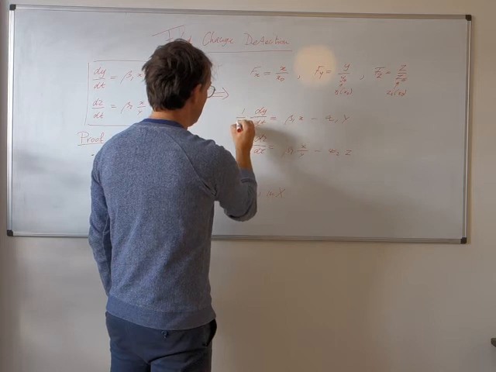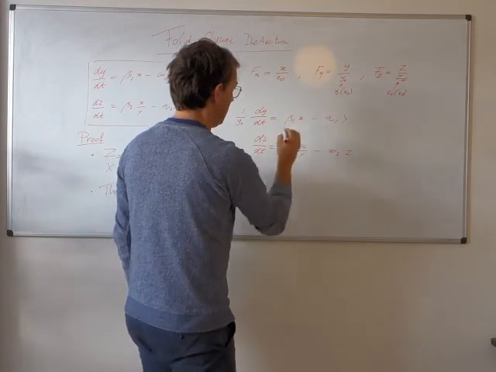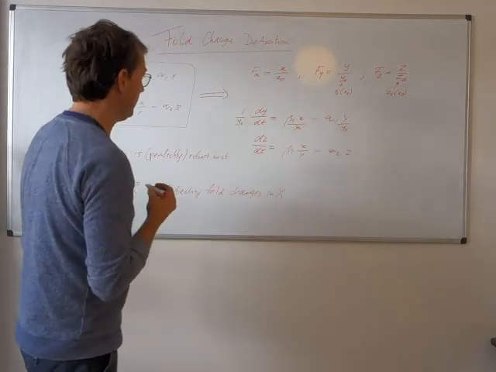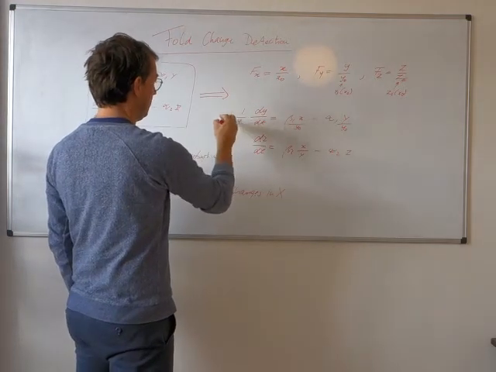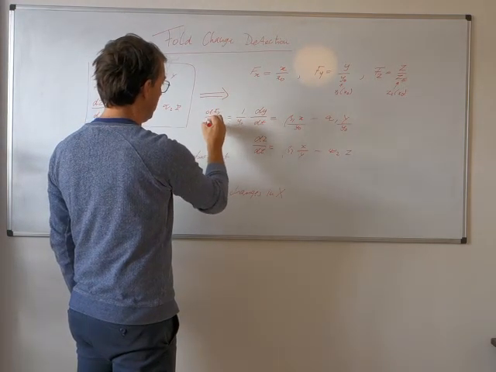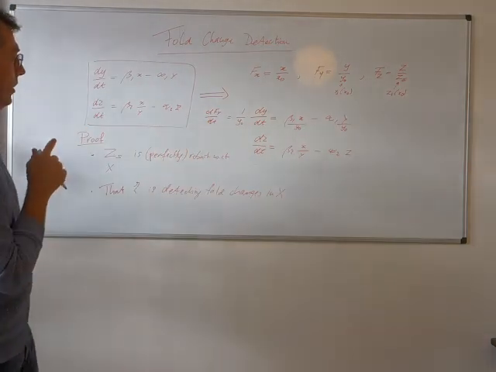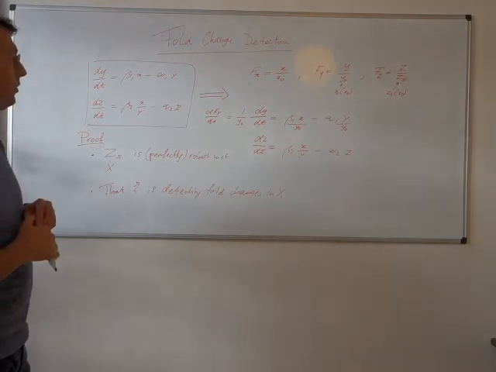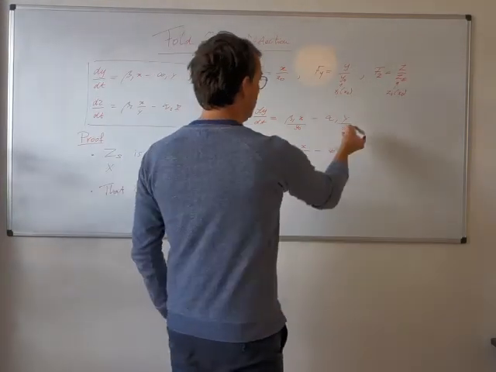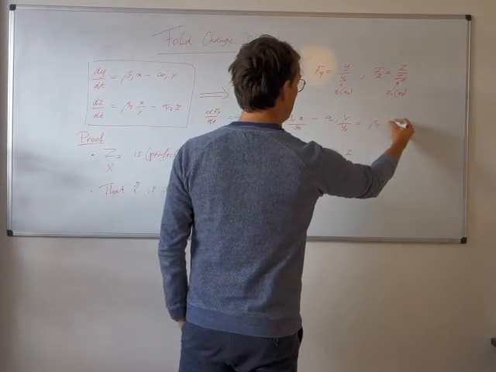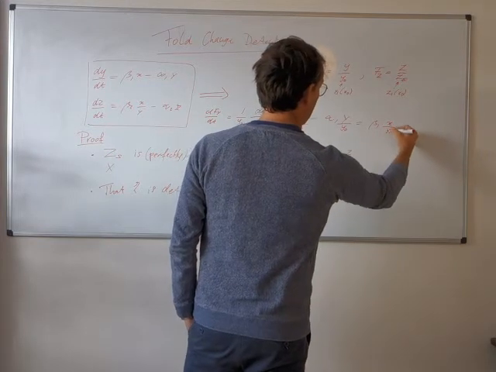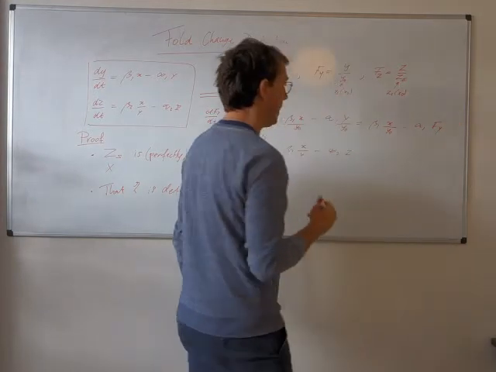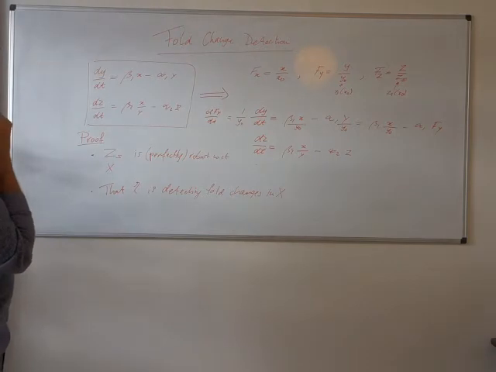So if we divide this by y0 on the left, but also every term on the right, then you already see that this becomes the time derivative of the fold change in y, d fy dt, and this is going to be equal to fx minus fy.